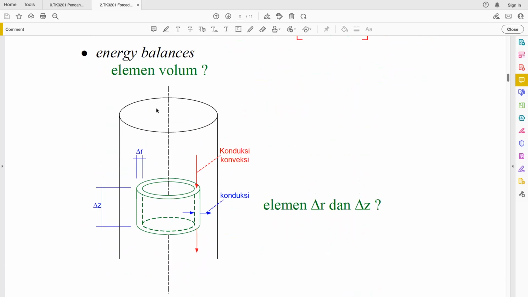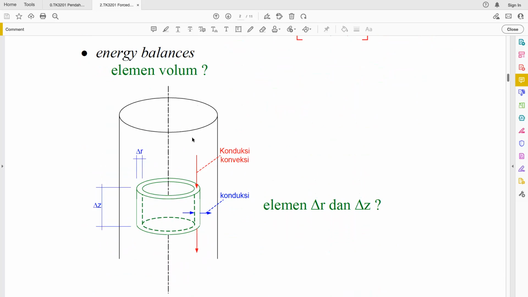If we consider this as a cylinder with cylindrical coordinates, then in the z direction, the axial direction, we know that there would be conduction. Why?